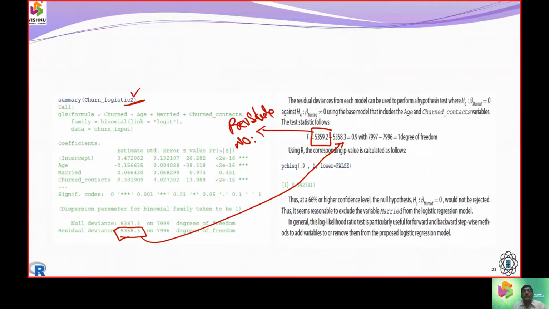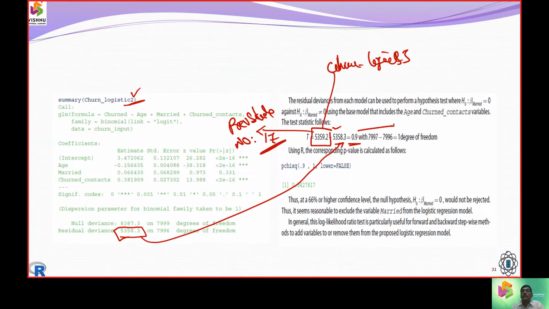In churn logistic 3, the value was 5359, and the present residual deviance was 5358.2, which gives 0.9.